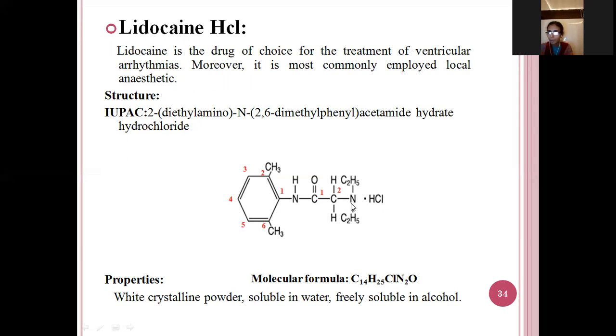So this is the structure and IUPAC name. And the properties are: it is a white crystalline powder, soluble in water and freely soluble in alcohol.